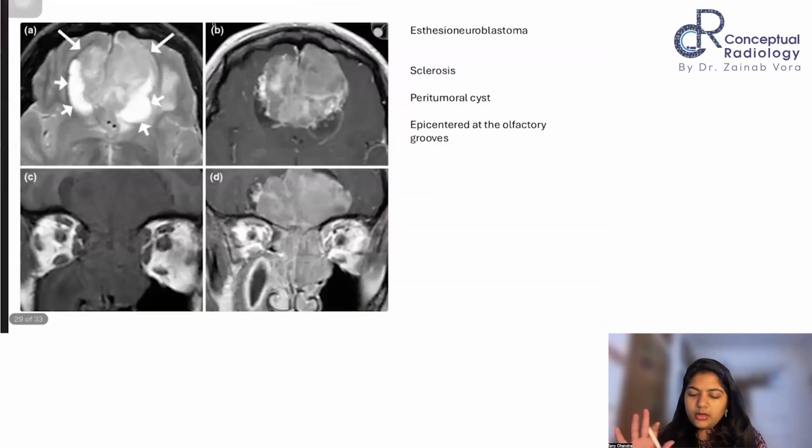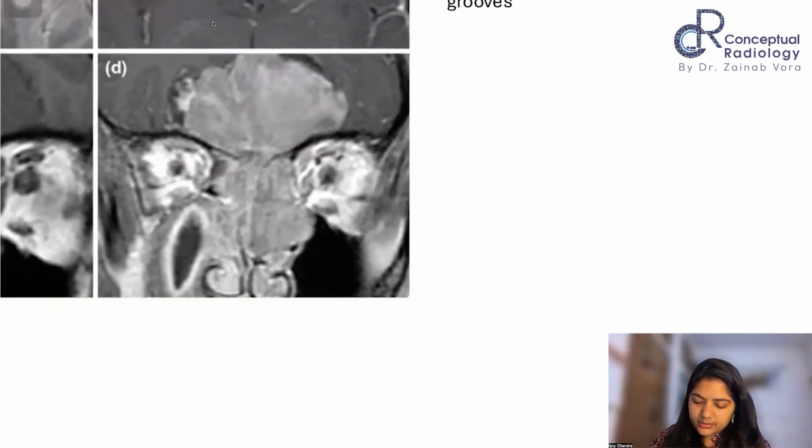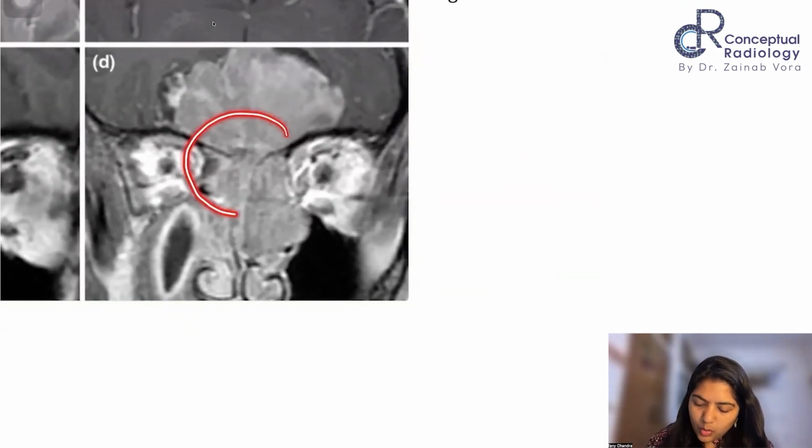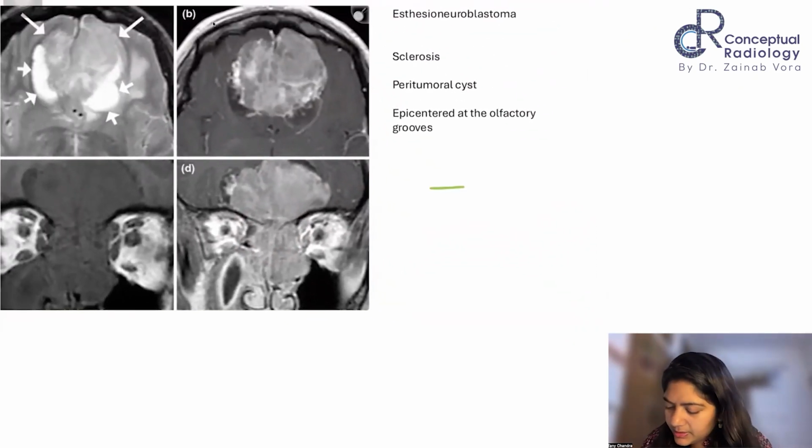Okay. With those things in mind, now we are moving on to tumors which are going to be epicentered again. What area is this? This is your anterior cranial fossa. We are drawing a coronal image.